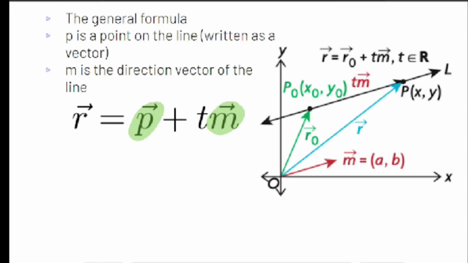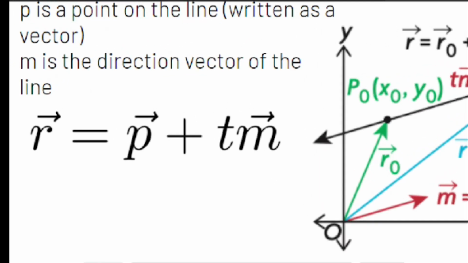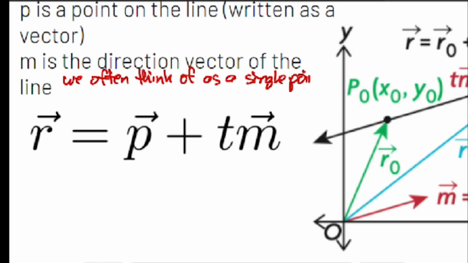We've already mentioned this about P, but we're going to say it again: we often think of it as a single point, but really it is a vector.